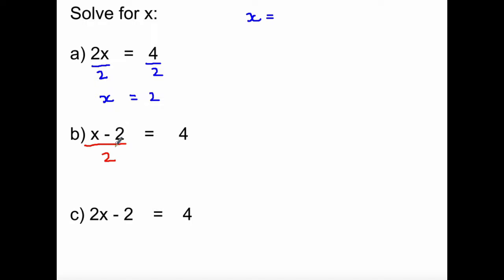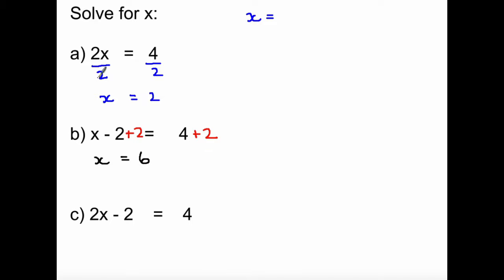That does not remove the 2, because x is being divided by 2 and negative 2 is being divided by 2. So in this case, I add 2. And if I do it to the left, I have to do it to the right to keep the left and the right equal. Okay, so in this case, I'll have x minus 2 plus 2. This becomes 0. And I have x is equal to 4 plus 2, which is 6.